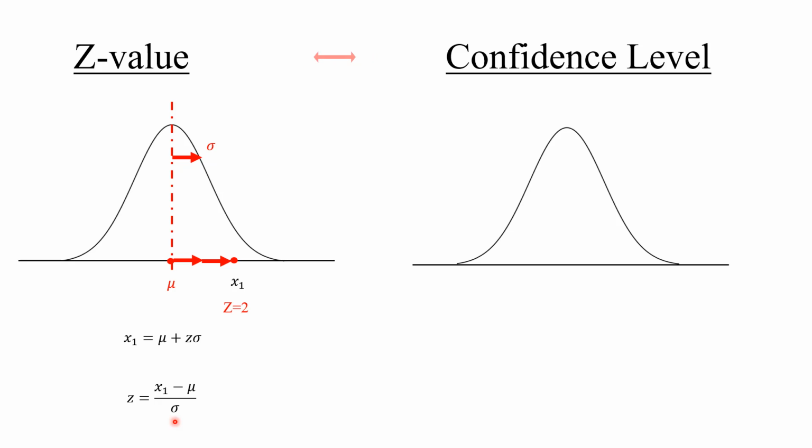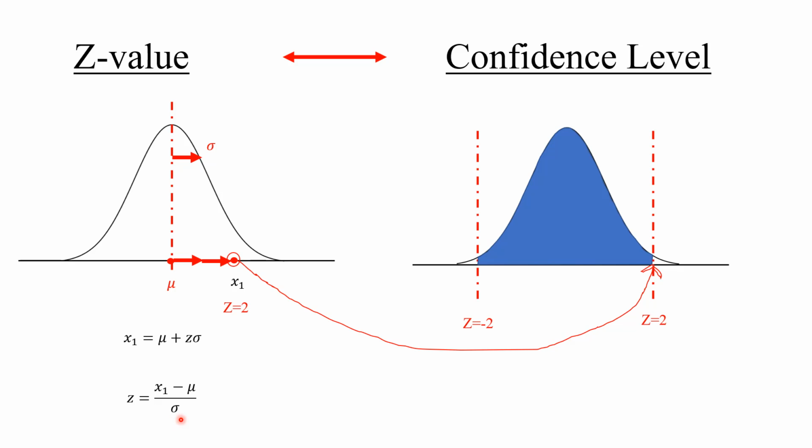The z-value and confidence level go hand in hand. There is always a confidence level associated with our z-value. So for this z-value here, we can think of a confidence interval, the area under the curve that is confined between z negative 2 and z 2, and that would be 97%.